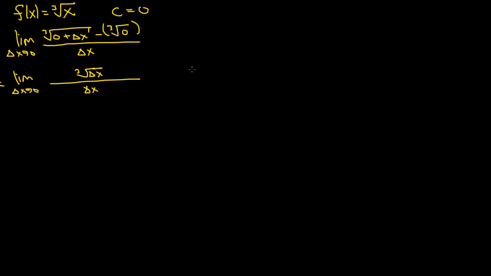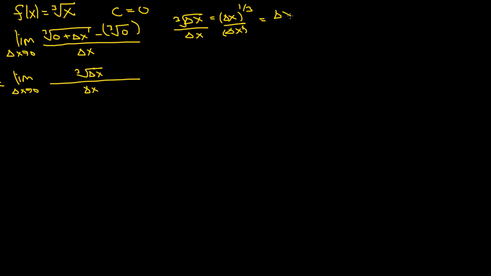Now, in order to see what's going on here, we need to remember our rules of exponents. Just off to the side here, the cubed root of delta x is equal to delta x to the 1/3 power. Now, if we have the cubed root of delta x over delta x, that's delta x to the 1/3 over delta x to the 1st power. Think about how we can rewrite that.